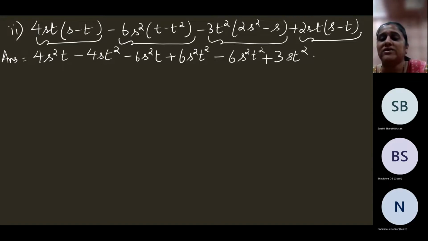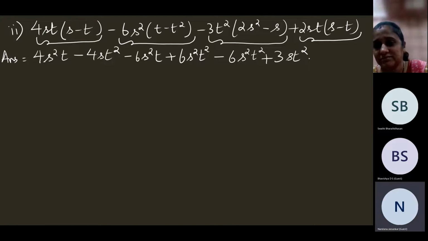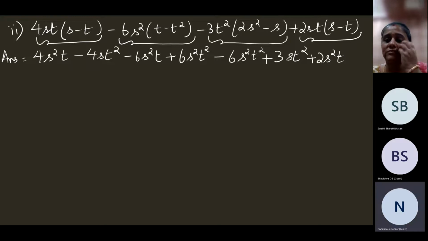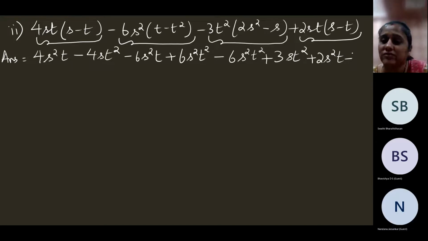Then finally, children, anybody can say? Ma'am, 2s square. Sign first. First the sign, plus, ma'am. Plus 2s square t, plus minus 2st square. Very good.